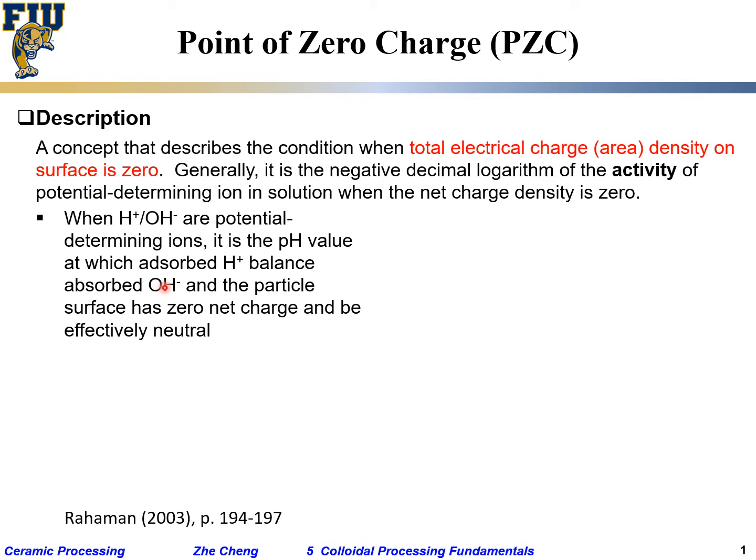At the same time, it always adsorbs some hydroxy groups. But at a certain pH value, these two balance each other, and as a result, the total particle surface would have 0 net charge, when the protons balance the hydroxy groups in terms of number density, and the particle becomes effectively neutral, not charged, positive or negative.